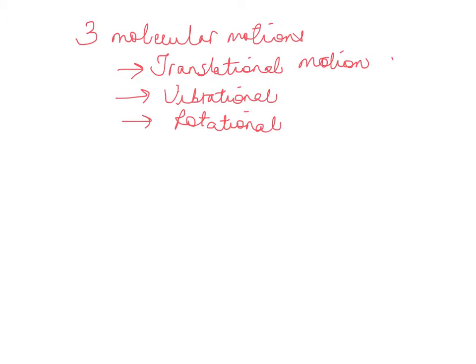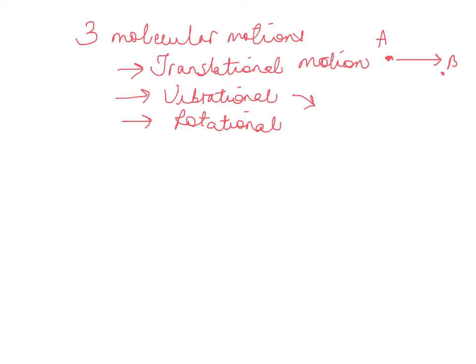Translational motion is when you have a molecule at point A and it shifts from point A to B. That means it's changing its x, y and z coordinates, so you would use the word translation. Of course, to do that you would require a very large amount of energy.